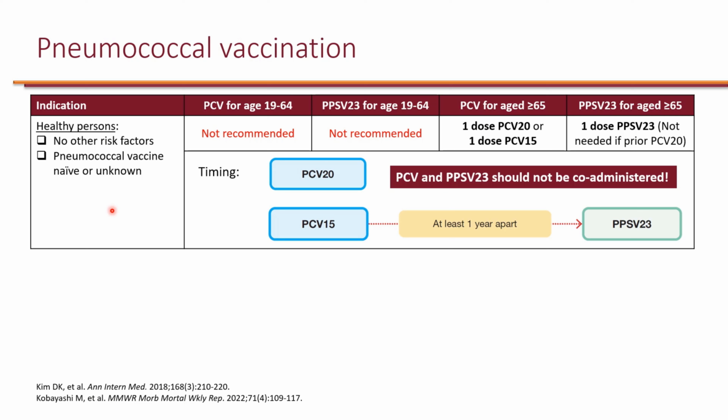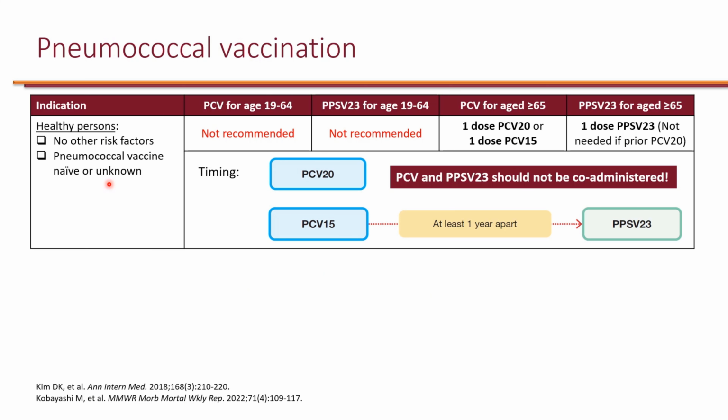So for the large part, the population has not received childhood immunization for pneumococcal. But as time goes on, more and more children who receive their childhood immunization go on to be adults. So these recommendations change in time.